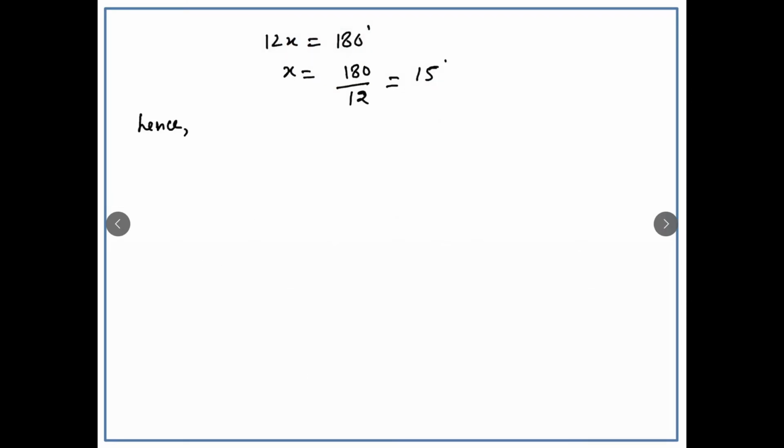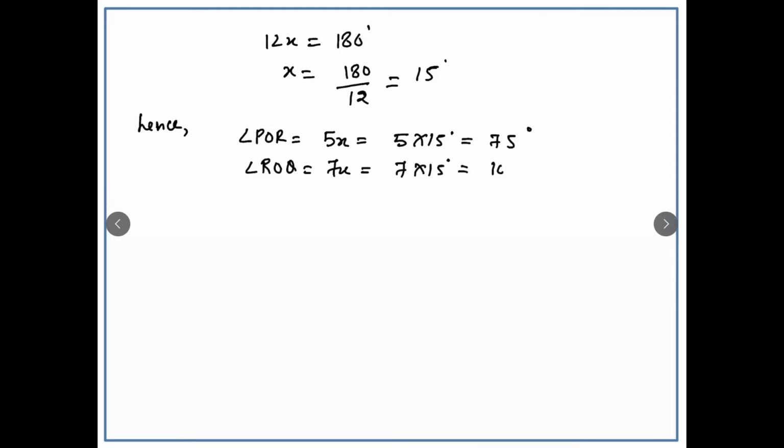Hence angle POR, which we have taken as 5x, will be 5 into 15, that is 75 degrees. Then we have a second angle ROQ. We have taken that as 7x, that means 7 into 15, that will be equal to 105 degrees.